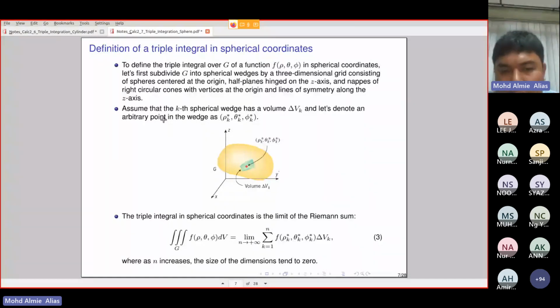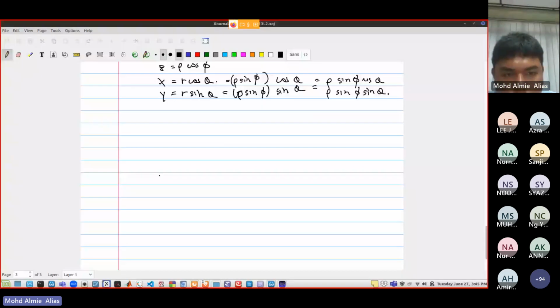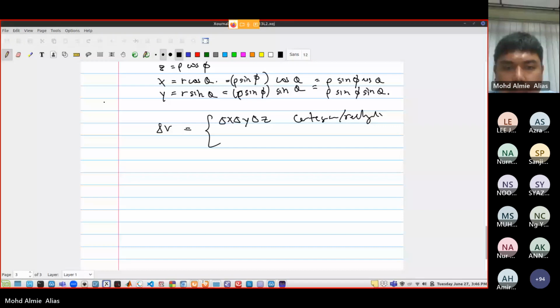It's similar to what we've seen before for other coordinate systems, but the one different thing is delta V. Delta V equals delta x, delta y, delta z for Cartesian or rectangular coordinates, or delta r, delta theta, delta z, in any order, for cylindrical. They are just scalars, so multiplying them doesn't change anything.